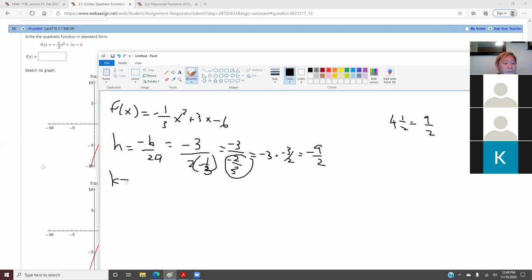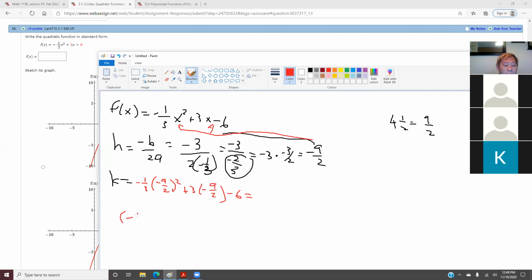Okay, you have to plug all this, 9/2, into your X here. So you do -1/3 times (9/2) squared plus 3 times (9/2) minus 6. How do you put this in your calculator?